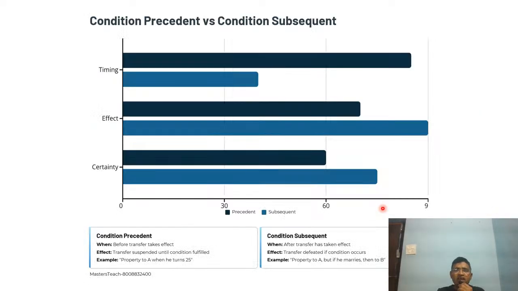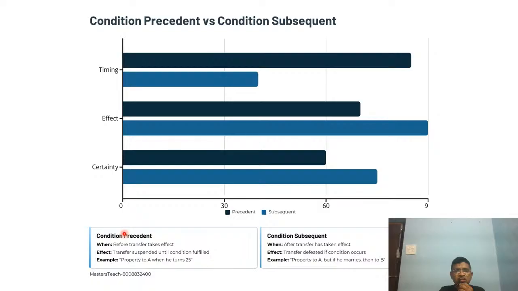Okay. Then condition precedent versus condition subsequent. Okay, so timing, effect, certainty. Condition precedent: before the transfer takes effect, the transfer is suspended until the condition is fulfilled. For example, property to A when he turns 25.